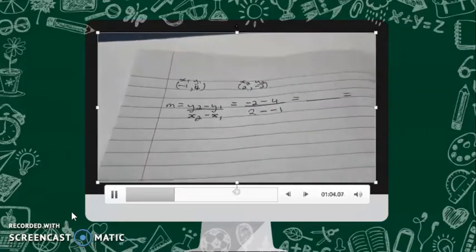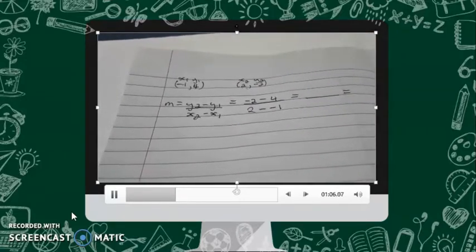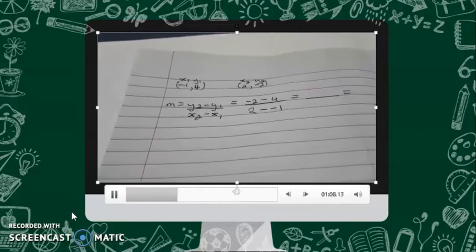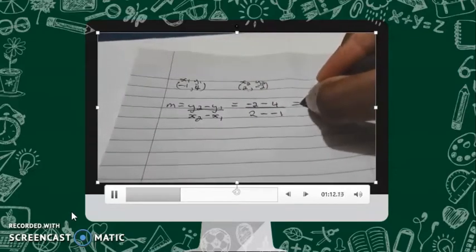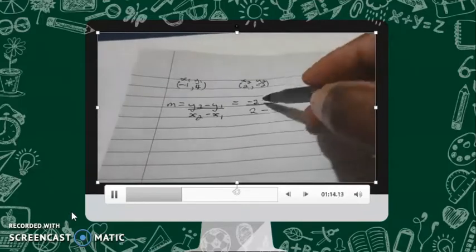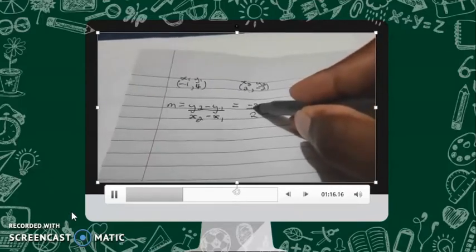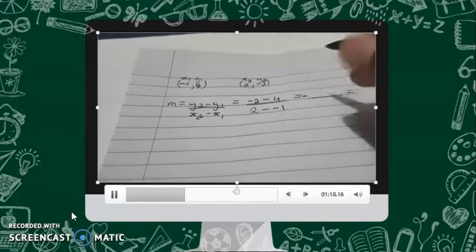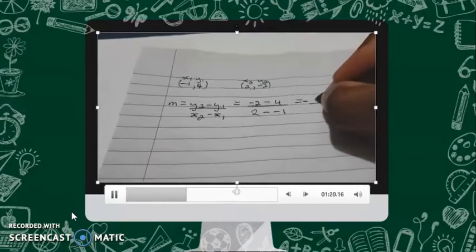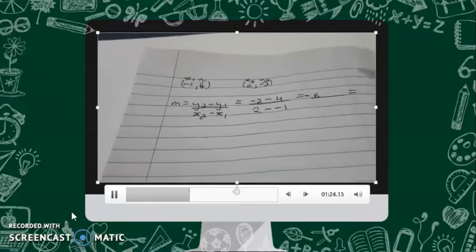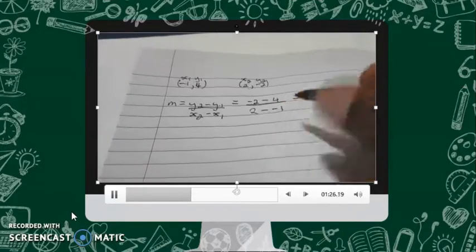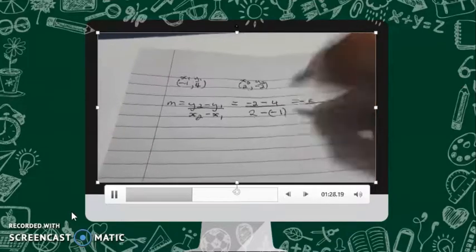-2 take away 4, so that will give you -6, because if you remember from the number line, you're at the point -2 and then you decrease by 4, so that gives you -6. Alright, so now the denominator, 2 take away -1.